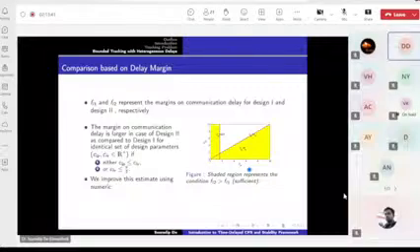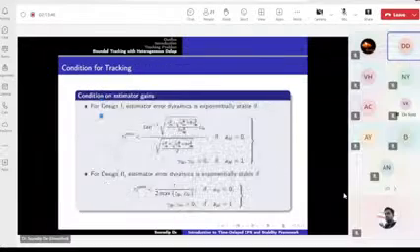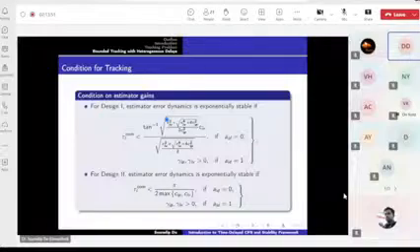So let's say FI1 is the delay margin for design 1. So this value we are saying, this is FI1, that is the delay margin based on the estimator design 1, and this is FI2, that is the communication delay margin based on the estimator design 2.